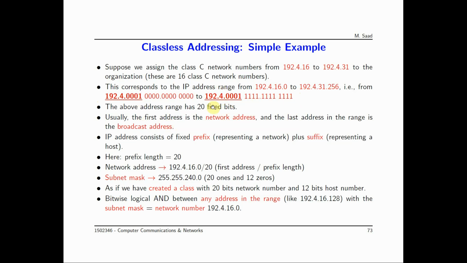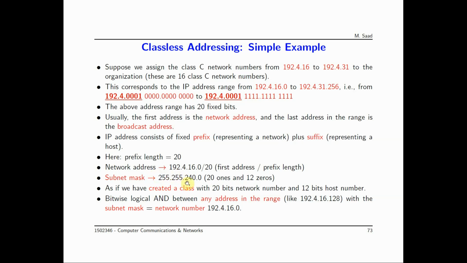Since we have 20 fixed bits and 12 variable bits, it's very easy. The subnet mask will have 20 ones followed by 12 zeros. 8 and 8 is 16, right? 255 is 8 ones, so these are 16.